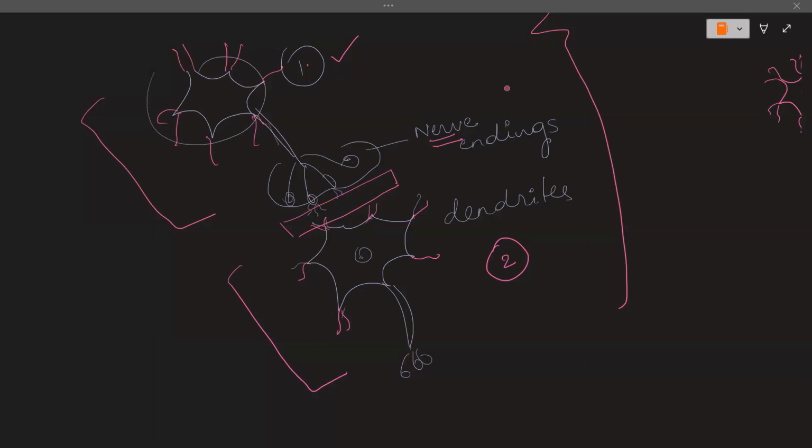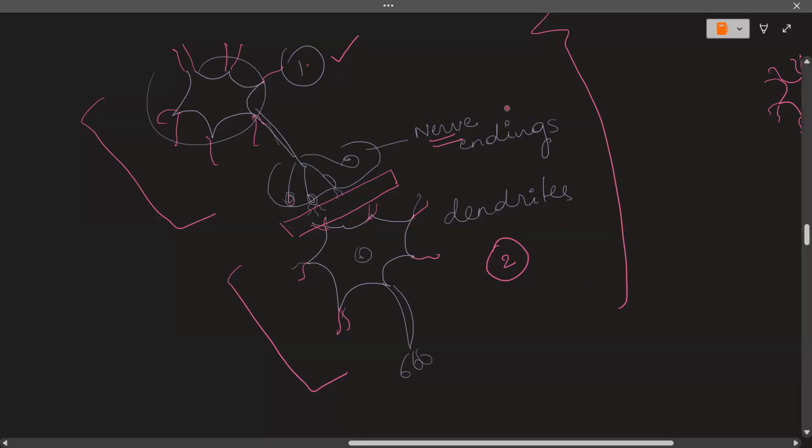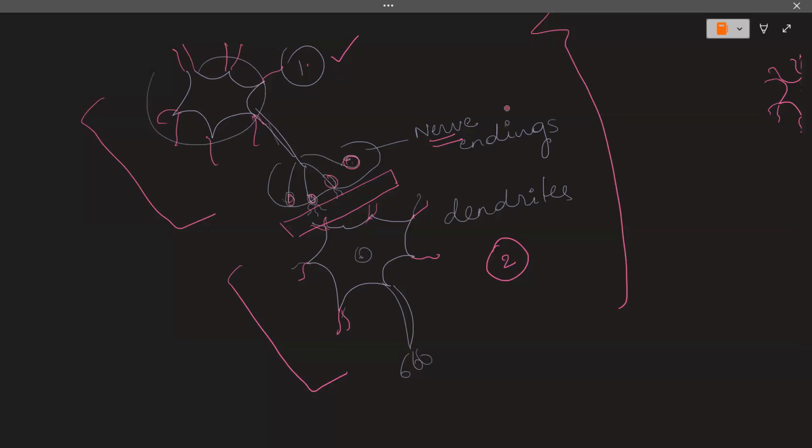Anyone? What do the nerve endings contain? Do you remember the fancy name I told you? Ma'am, axon. No, axon is the long portion. I am asking that these bulb-like structures, these are the nerve endings. So what is present inside the nerve ending? That is what I'm asking.